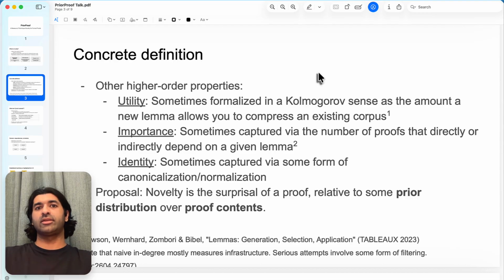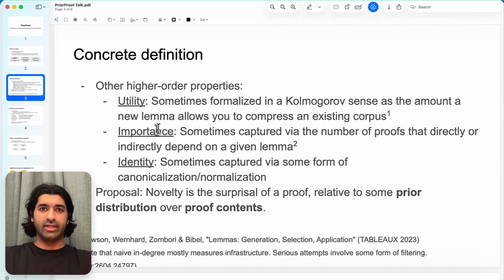We care more about semantic compression. So there are variations of this. Importance is sometimes captured via the number of proofs that directly or indirectly depend on some lemma. But even that has to be refined a little bit because you'd end up with all the infrastructure being the most important lemmas rather than actual proofs. So some kind of filtering is usually applied.